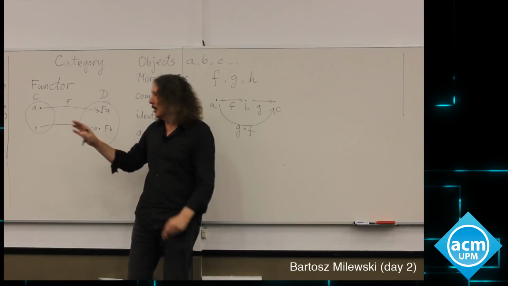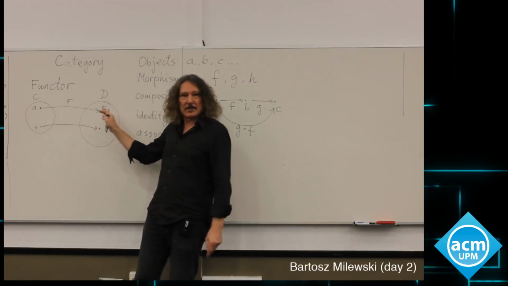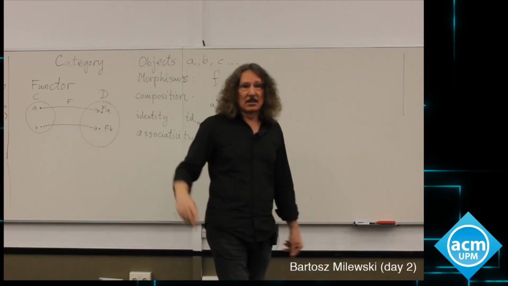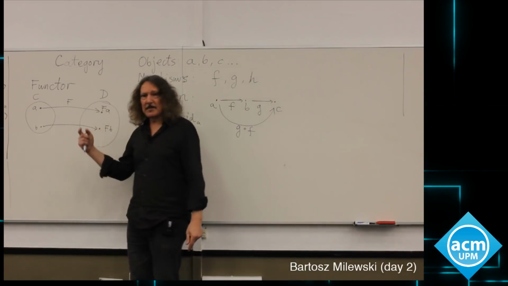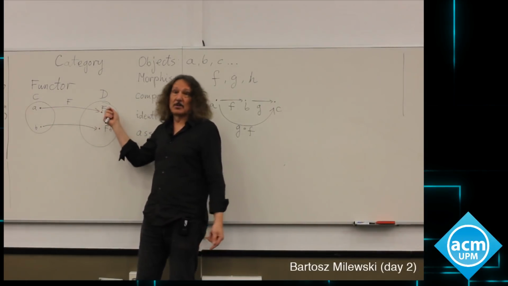But just think for a moment that this is a set of objects, then a mapping from a set of objects in one category to a set of objects in another category would be just a function, right, on the set of objects. So this function could potentially map multiple objects into a single object, right?